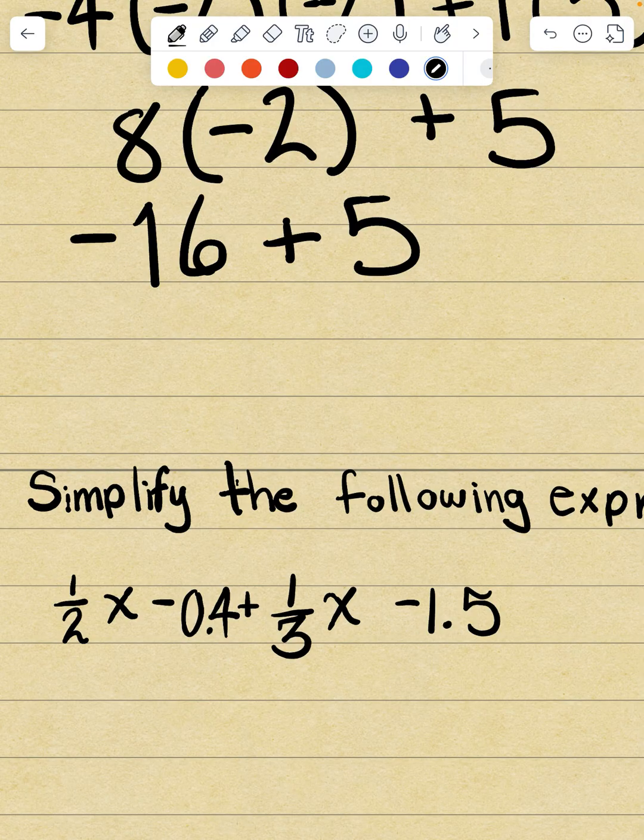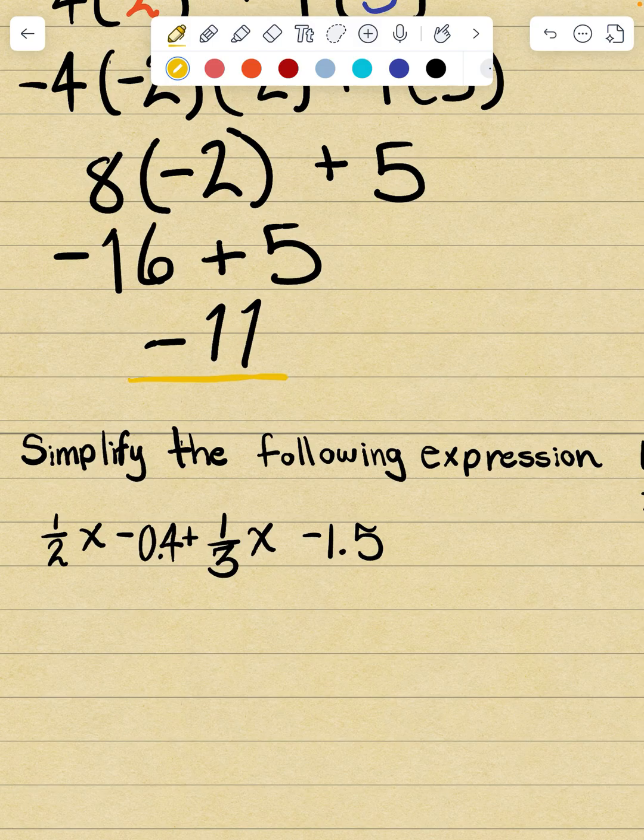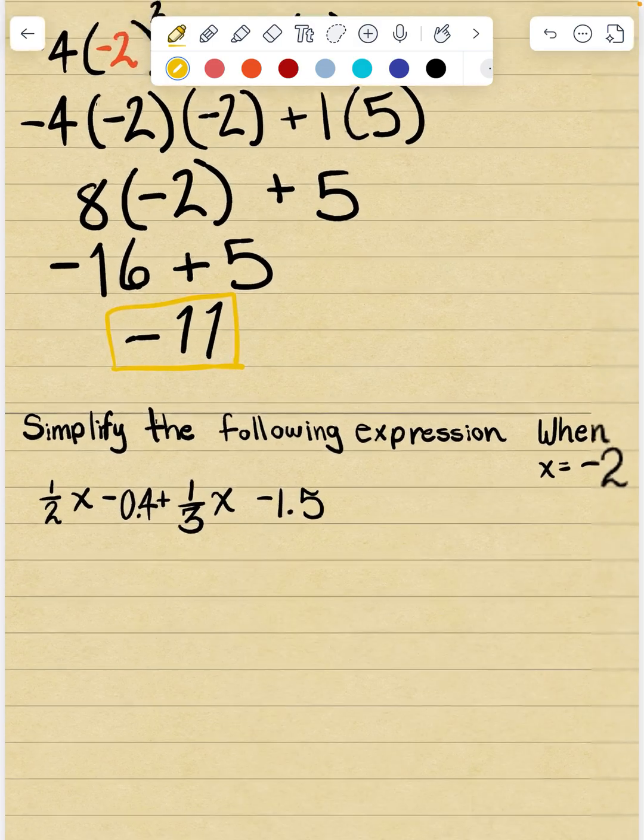I would put my dot at -16 and then go in the positive direction 5 ticks: -16, then -15, -14, -13, -12, -11. So -11 is our answer for that one.